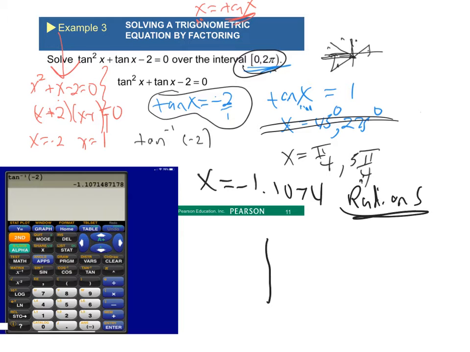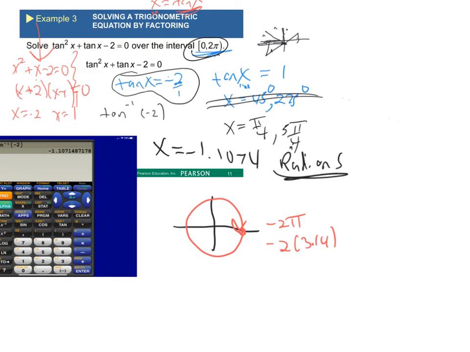Which tells me, now think about it. If I go all the way around the circle, starting here and go left, that's a negative 2 pi, which is a negative 2 times 3.14, approximately, right?